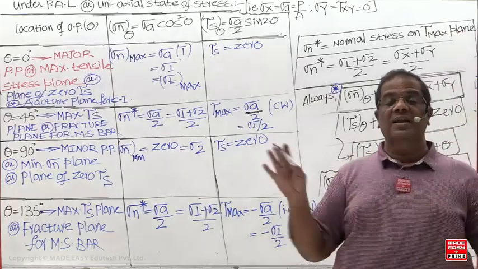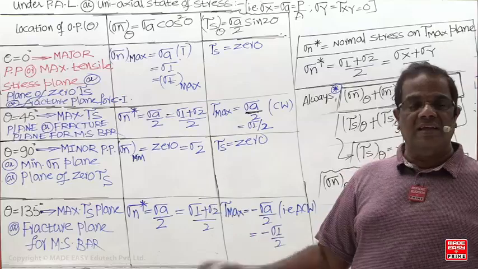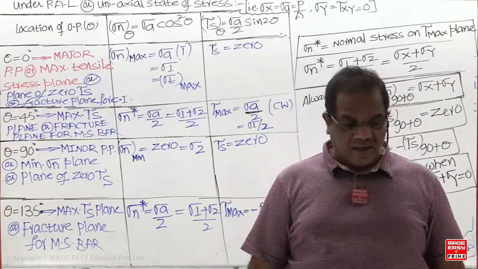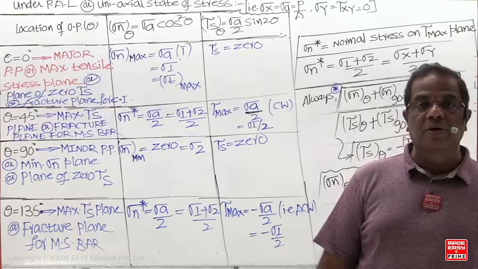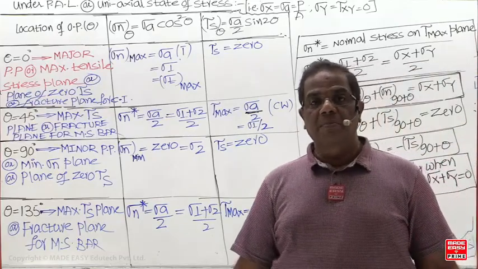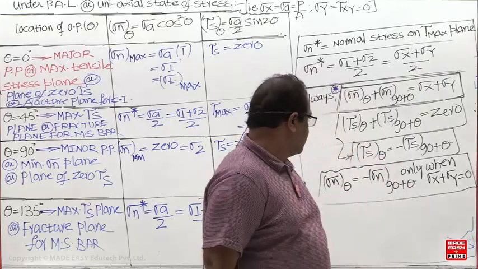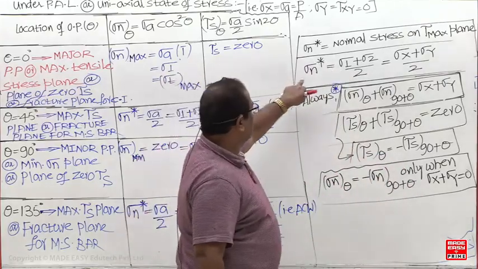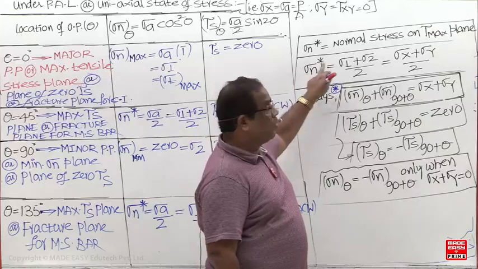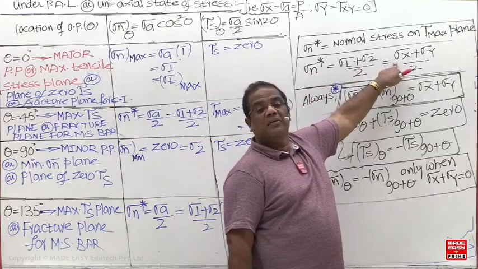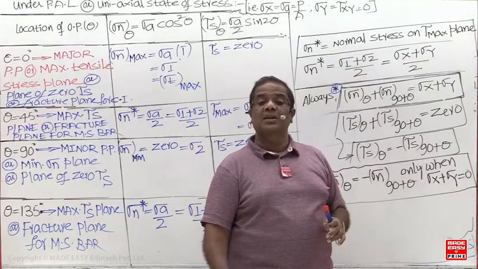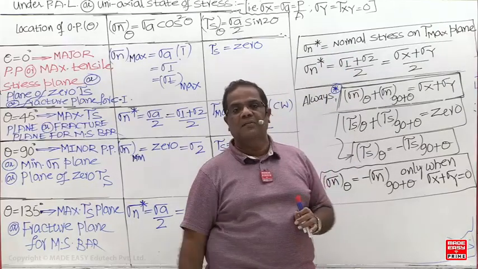This is possible only in the biaxial case. The uniaxial case is not possible. In the uniaxial case, sigma x plus sigma y is always going to be sigma A. Now you can check it. So will this be 0 or non-zero? This will become 0 only when sigma x plus sigma y is 0. So the normal stress on the tau max plane will become 0 only when sigma x plus sigma y is 0.